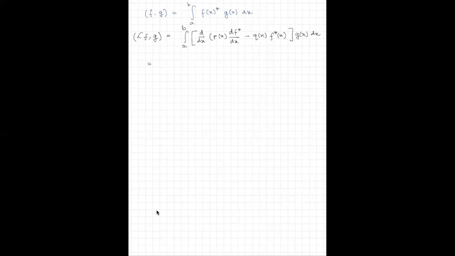So the first term is p df star/dx g, which you need to evaluate at a and b, minus the integral from a to b of p(x) df star/dx dg/dx minus q(x) f star(x) g(x).